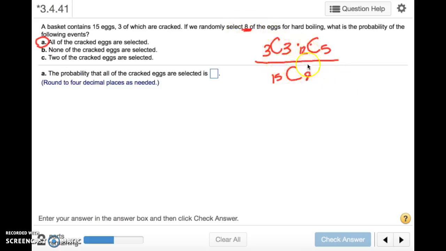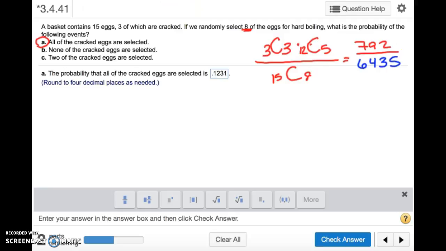All right, now I could enter this entire thing in my calculator, but I'm going to keep reusing that bottom number. So I'm actually going to set it up and do parts. So I'm going to pause the video here, put in these numbers, and then I'll come back. All right, so I put this top part in my calculator, 3C3 times 12C5, and I got 792.